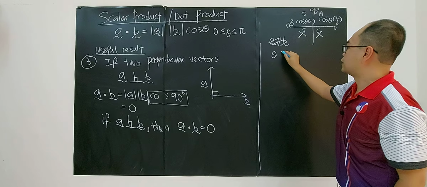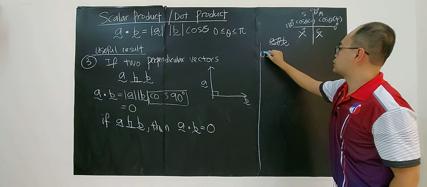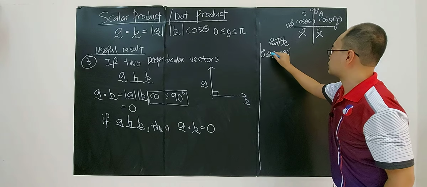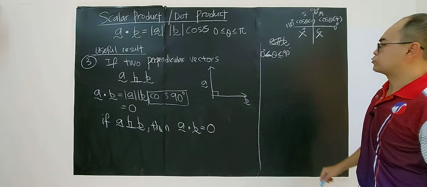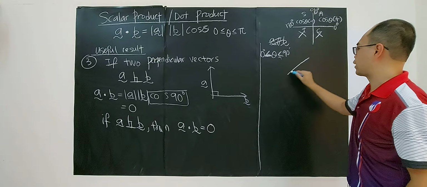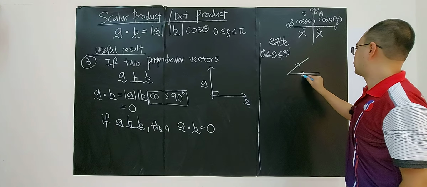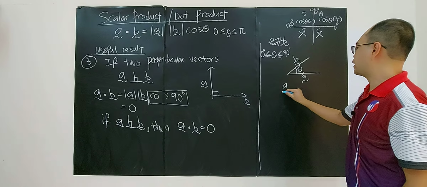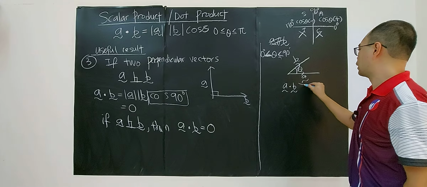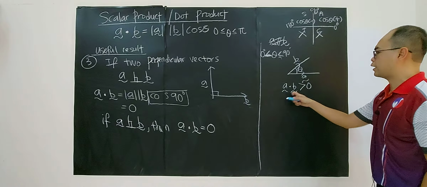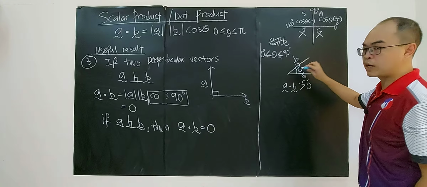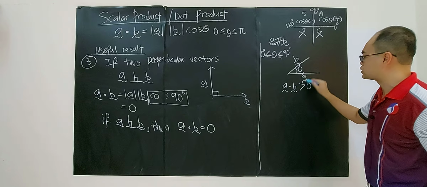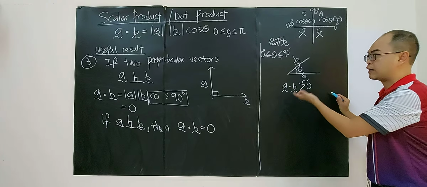So what's the meaning here is, if theta is between 0 and 90 degrees, it means the angle is an acute angle. A dot B will give you a positive value. When you dot the two vectors, you're getting a positive number, let's say 3, 4, 5.